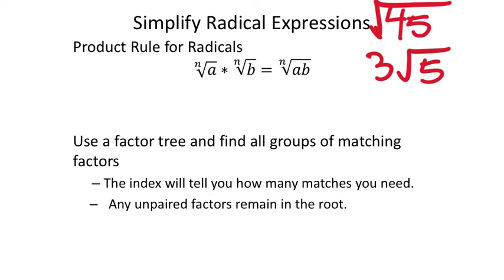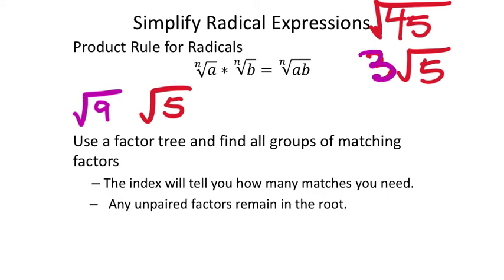What we do is we break 45 up into two factors, one of which will be a perfect square. Now, we know 9 is a perfect square, and then the other factor is not a perfect square. That was 5. And the square root of 9 is 3 right there. That's where this comes out as 3 times the square root of 5. But we broke it up into its two factors.